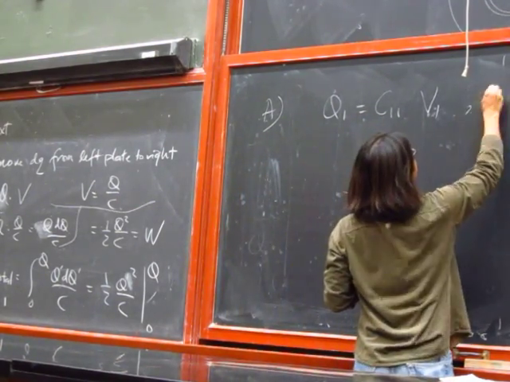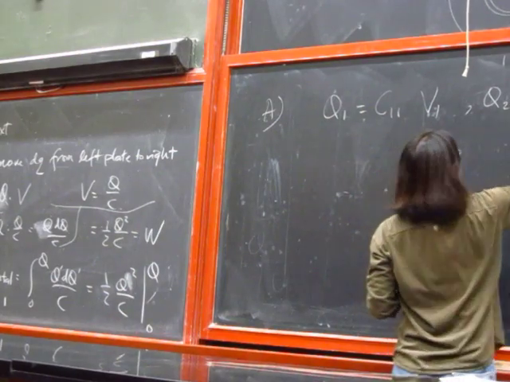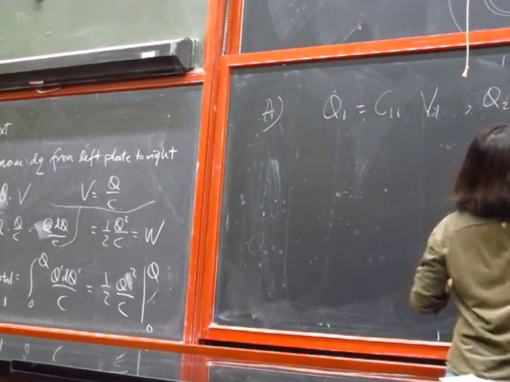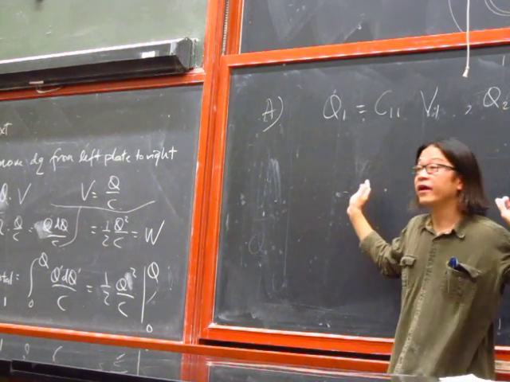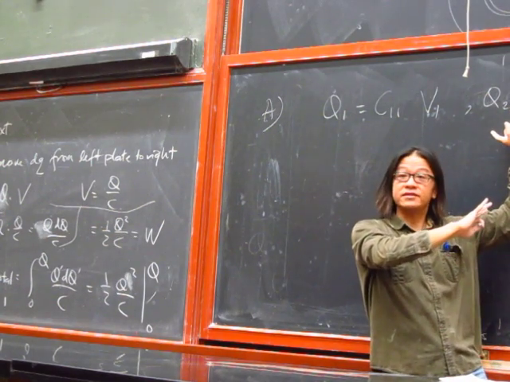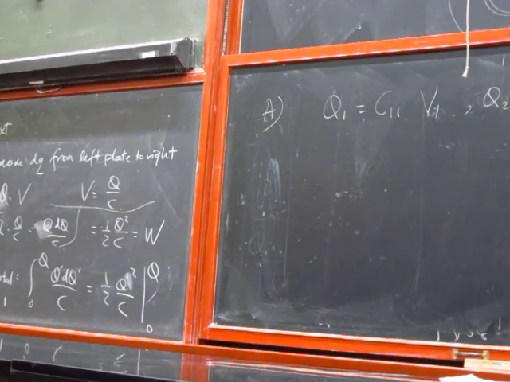Q2 is equal to C12 V1. Q3 is equal to C13 V1. That's configuration A, and this is the solution of a Laplace equation.